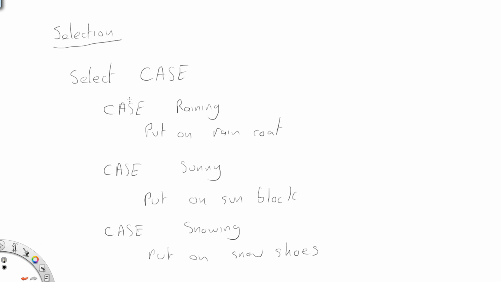We will select one of these cases, and only one of these will happen. So if it's raining, we put on a raincoat; if it's sunny, put on sunblock; if it's snowing, we put on our snowshoes. And then after we've selected one of these, we carry on. So we go to the shop in either our raincoat, with our sunblock on, or with our snowshoes.